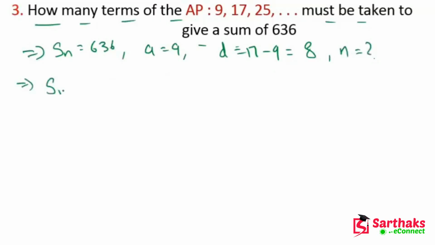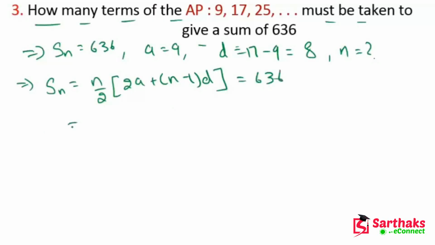We have to put the formula Sn is equal to n upon 2 into (2a plus (n minus 1) into d). And we know Sn is 636. We don't know the value of n, so we keep it here. So 2 into 9 plus (n minus 1) into d, where d is 8, equals 636.